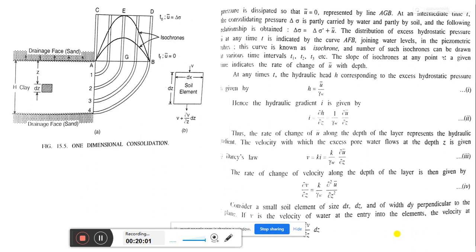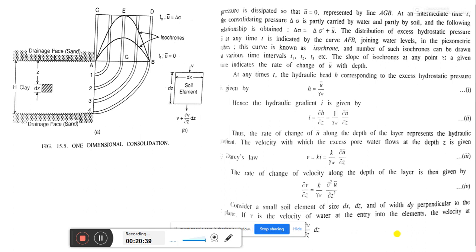This is represented by a straight line u' equals delta sigma on the pressure distribution diagram. That means at time t0, the instant of pressure application, the whole of the consolidating pressure delta sigma is carried by the pore water or neutral pressure. Neutral pressure and pore water pressure are the same.